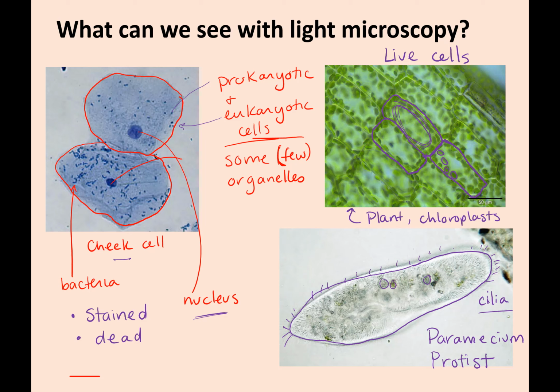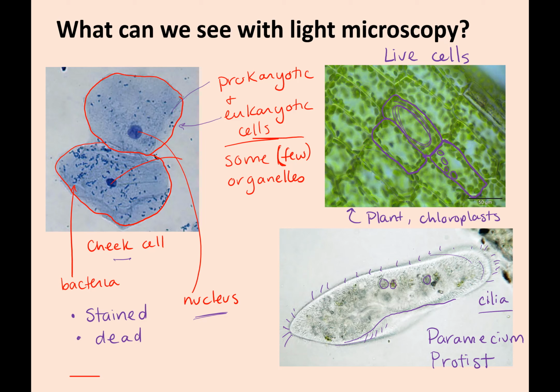So remember, cilia are short protein structures projecting on the outside of a cell, and the paramecium uses its cilia to move the environment around so that it can eat. You can kind of see them here. I don't think I drew the cell very well.